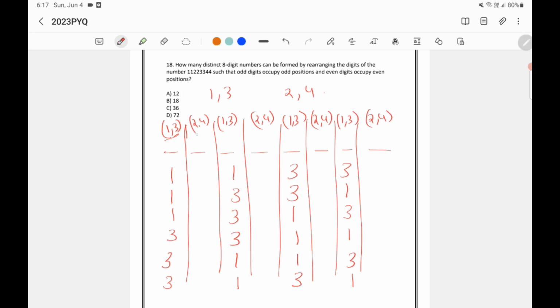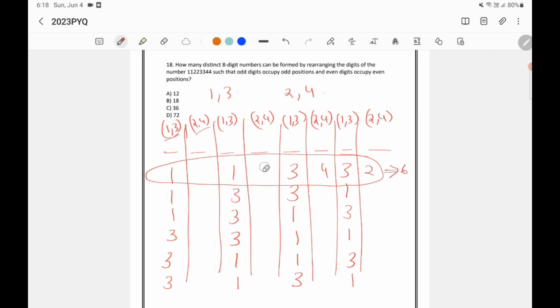Similarly, how many ways can you arrange 2 and 4? It will also be 6. So in this case, I can put 2 here, 2 here, 4 here, 4 here. This is one possibility. Now I can put 2 here, 4 here, 4 here and 2 here. This is another possibility. So similar to what I have done before, there will be 6 possibilities for this.